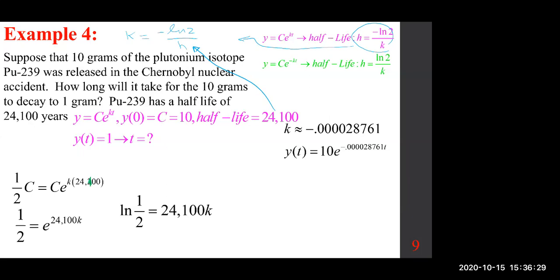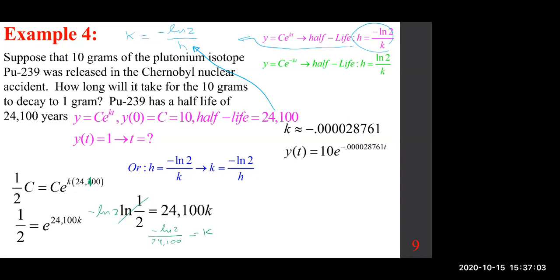Remember, this one, class, is minus ln2, and k is minus ln2 over 24,100. Or, as I mentioned, we could have used minus ln2 over h. Either way.